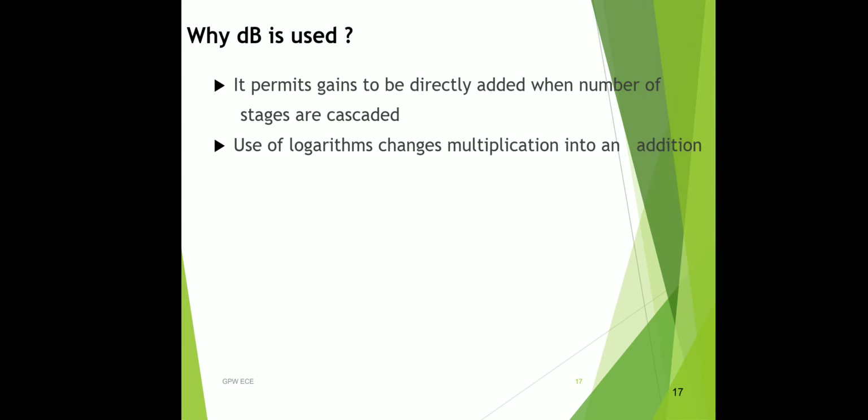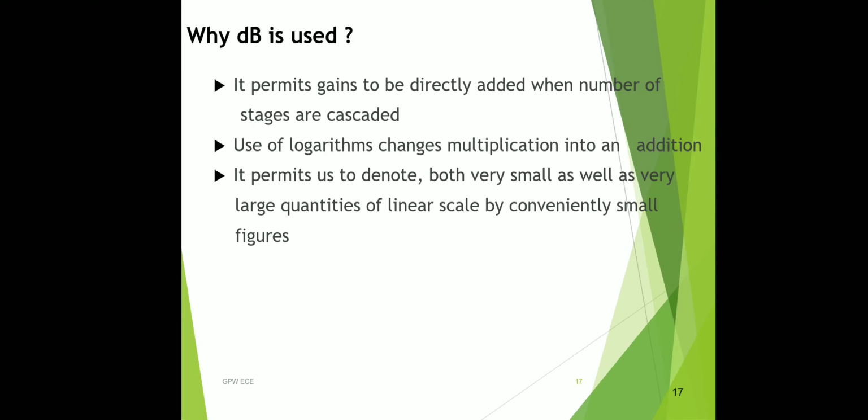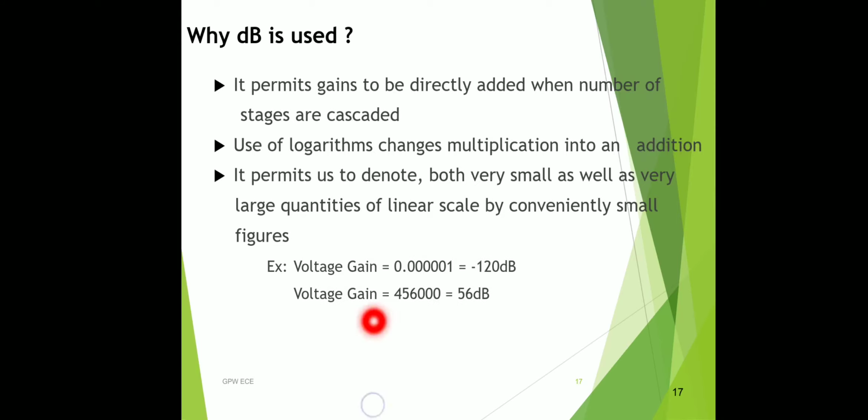The second point is that it provides the facility for both very small values as well as very large values. We can specify these values in decibels. Very simple. If you see this example, a very small value, voltage gain equals 0.000001, that is 10 power minus 6, can be specified simply as minus 120 decibels, instead of remembering all this.